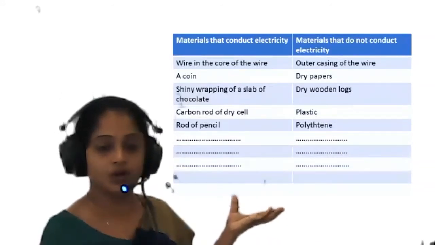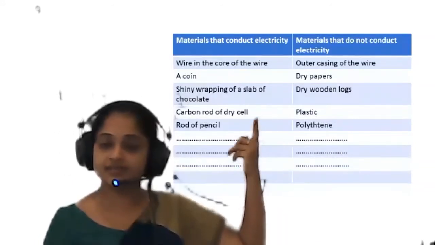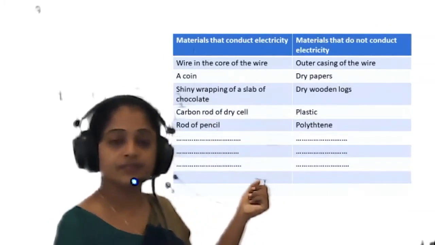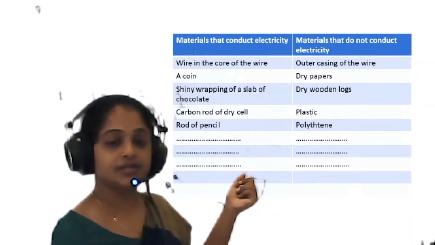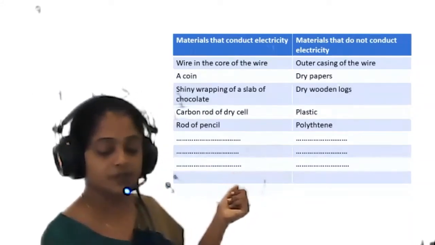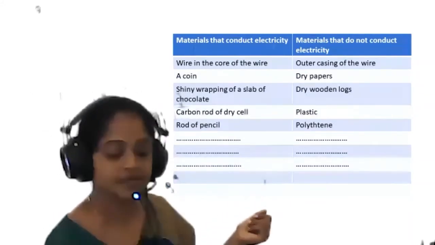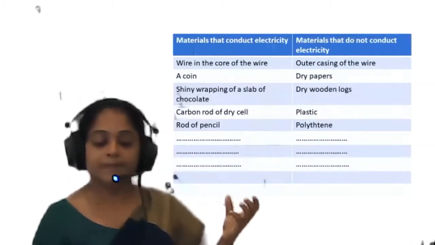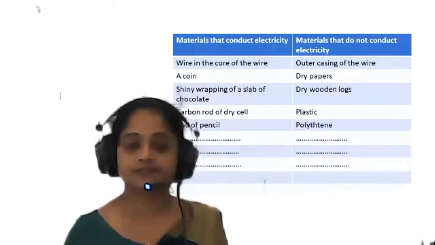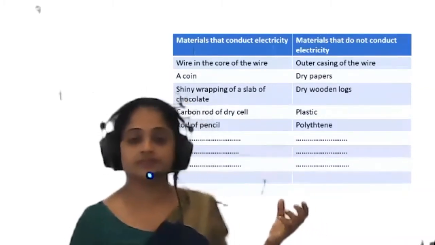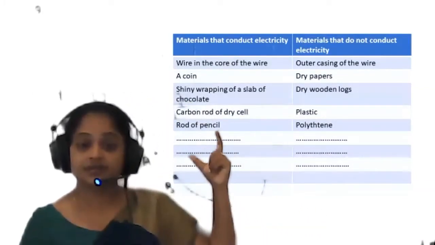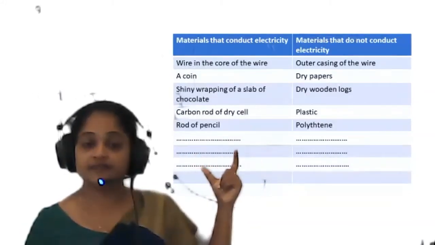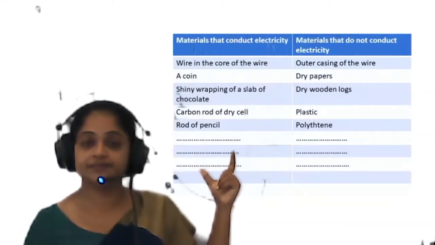This is for your homework. Draw a table like this and write this down. Now, write this down as a point. Reserve enough space to complete this table.